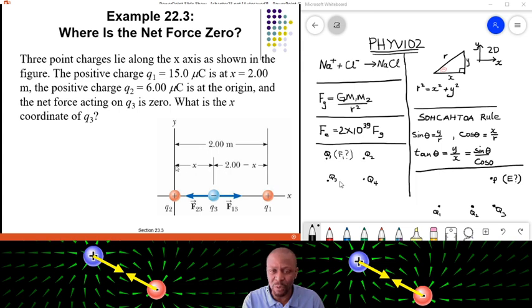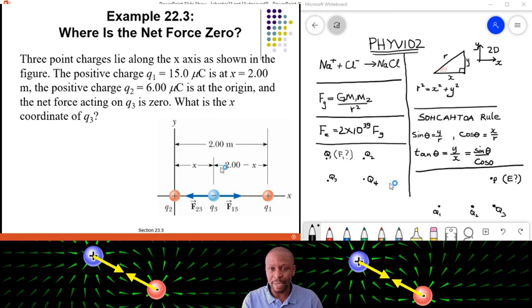From the origin to where Q3 is placed must be x. And if the length from there to there is 2.00 meters, therefore the distance from here to there must be 2.00 minus x. So that's what you will just have to think about, because you are not going to be given that.